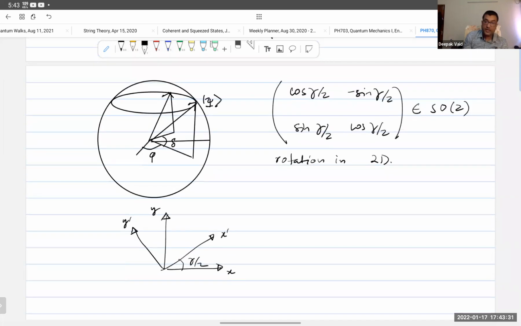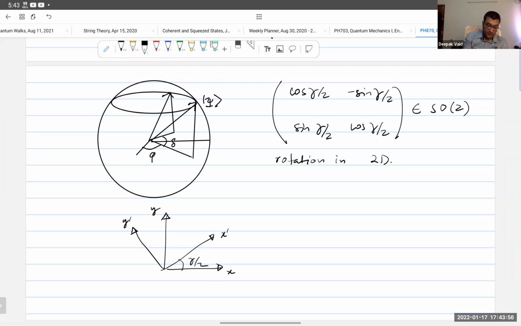In this case, however, our notion of x and y is slightly different. Our x state is the north pole and our y state is the south pole. So this performs a rotation along a great circle.